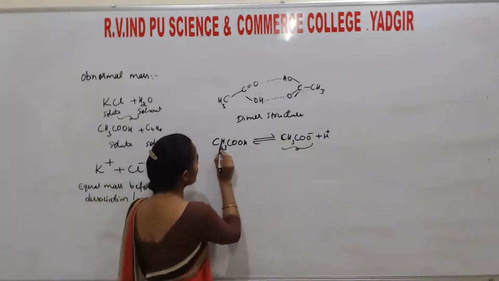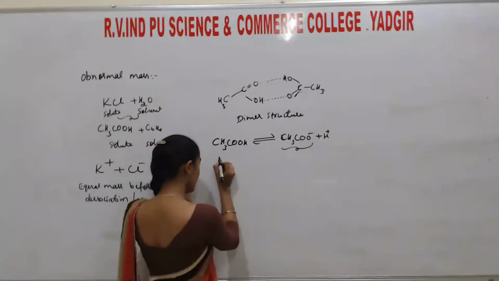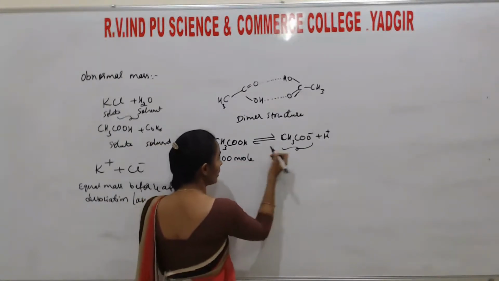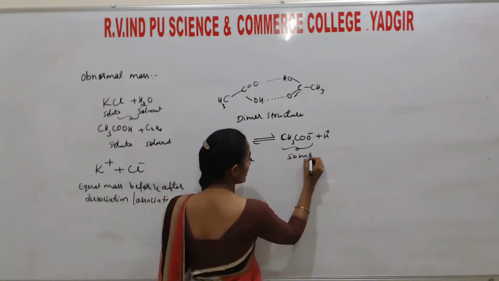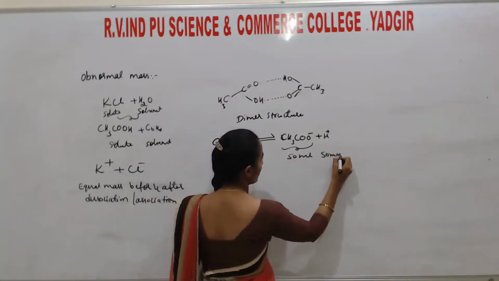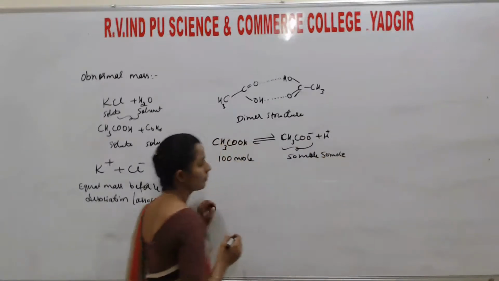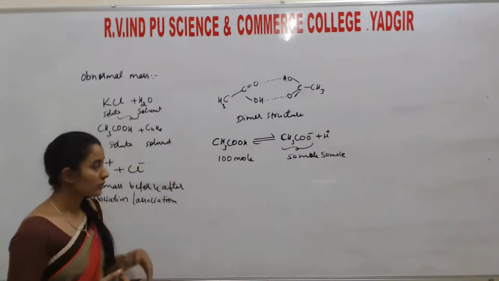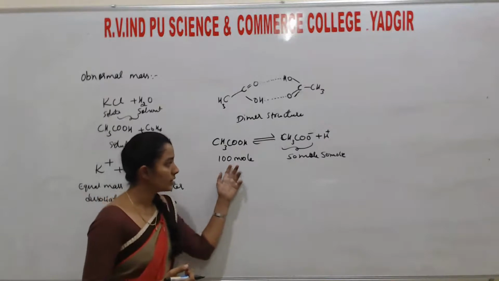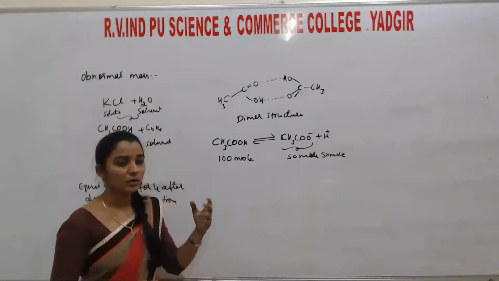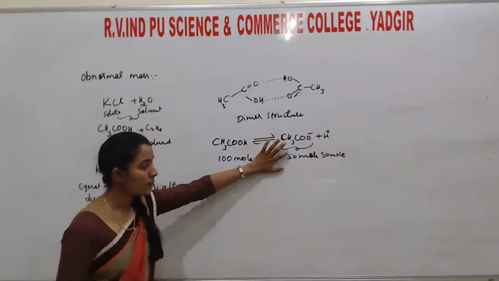For example, CH3COOH, 100 moles are there. Here only 50 moles are dissociated. So here 100 moles are there, but only 50 moles are dissociated, which means there is a change of 50, a decrease in the mass.